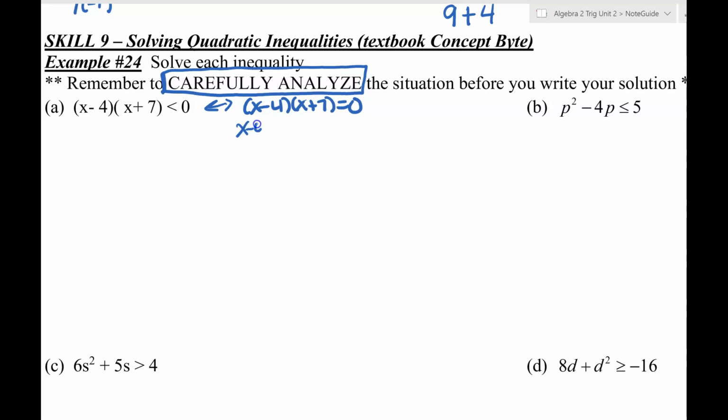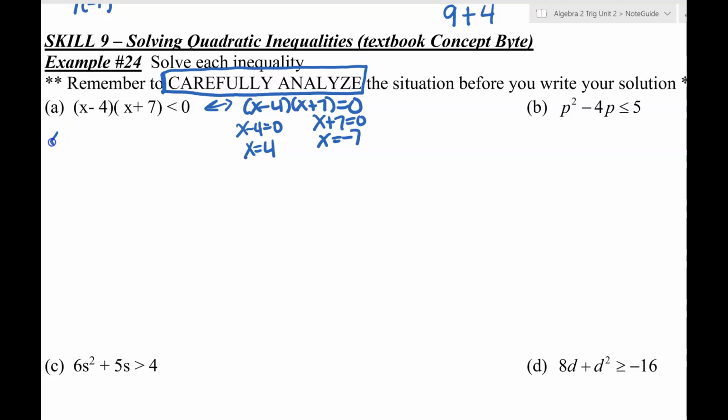So if x minus 4 is equal to 0, that's if x is 4. If x plus 7 equals 0, that's if x is negative 7. Those are your solutions. But those don't tell you exactly what's happening with the graph.